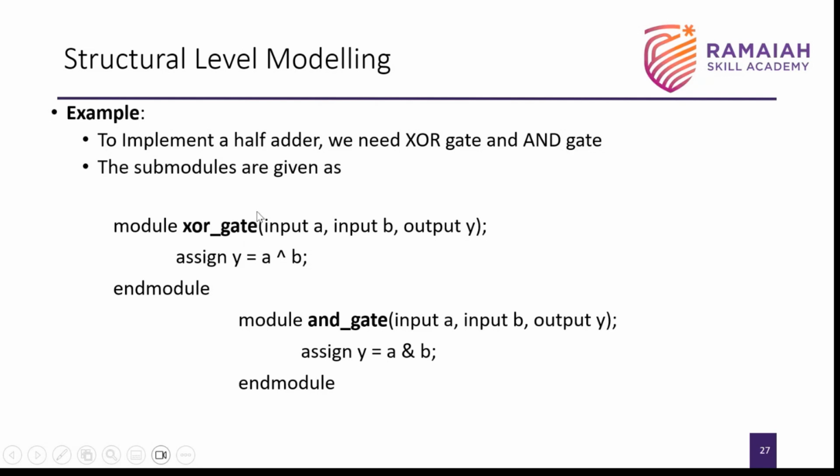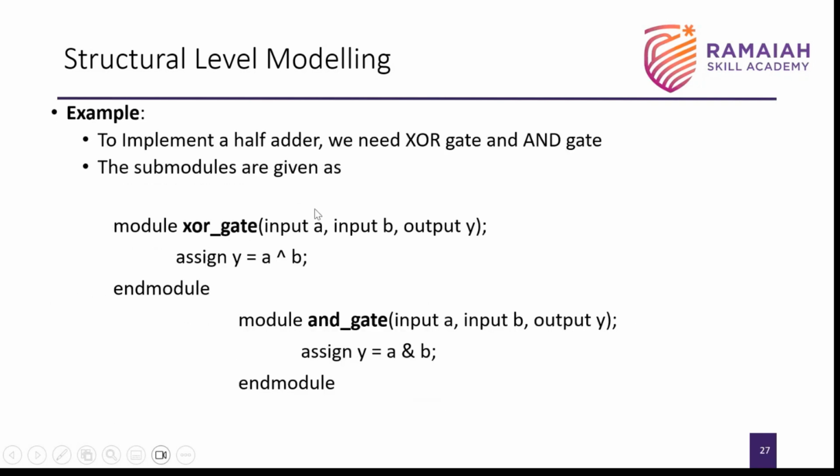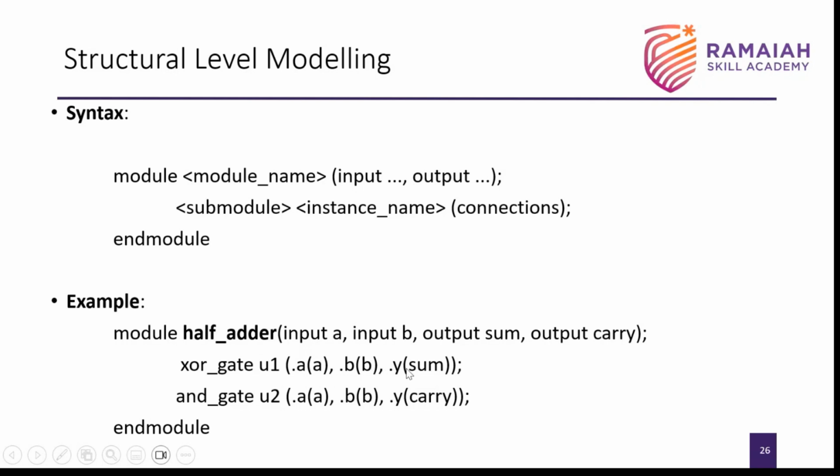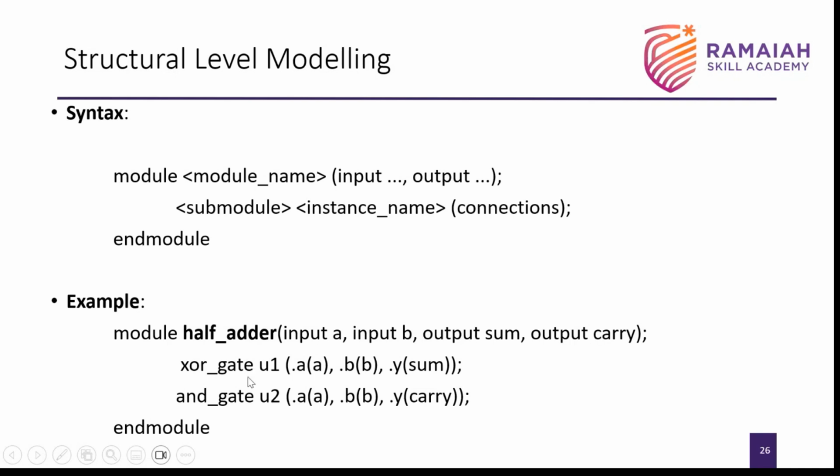Now I want to use this XOR gate in the top module half adder. So the name of the XOR gate is xor_gate. I'll give some instance name to that XOR gate to differentiate it between the different modules. Now I have to connect these inputs A, B, sum, carry here with the XOR gate's A, B, Y. So A and B are inputs, and the output is Y. Since the XOR gate is performing the sum operation, I'm connecting that Y to sum.